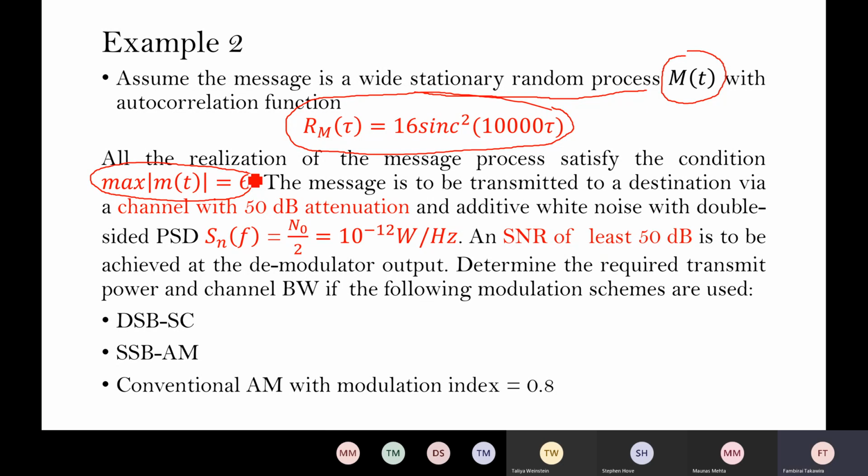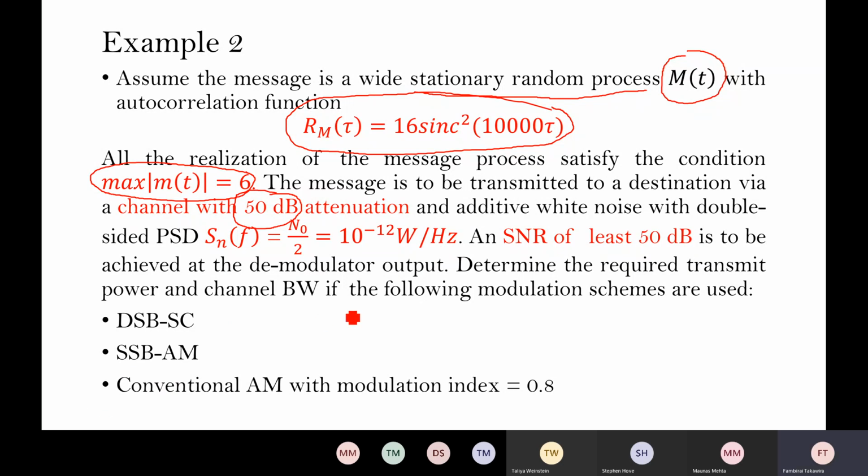And this message M of t, after modulation, is transmitted to a destination via a channel which has an attenuation of 50 decibels. And there is also additive noise, and the additive noise power spectral density is given as N0 upon 2 equal to 10 to the minus 12.